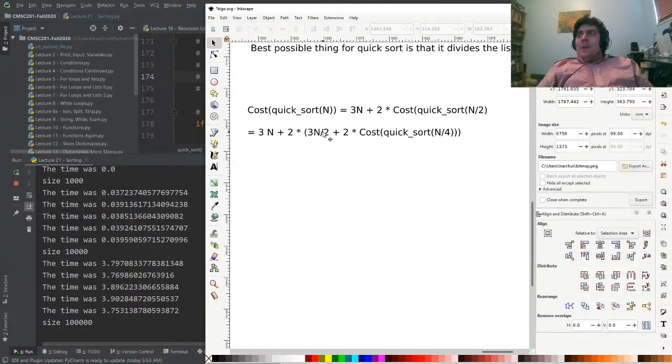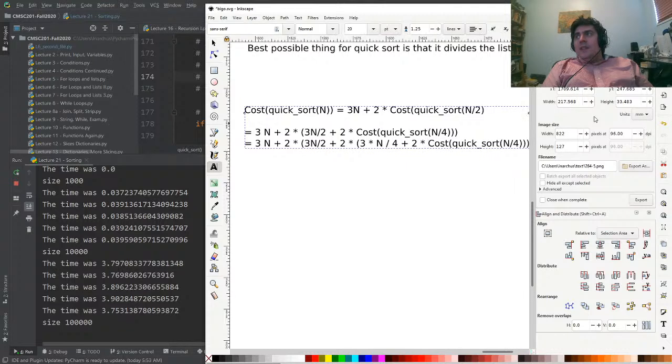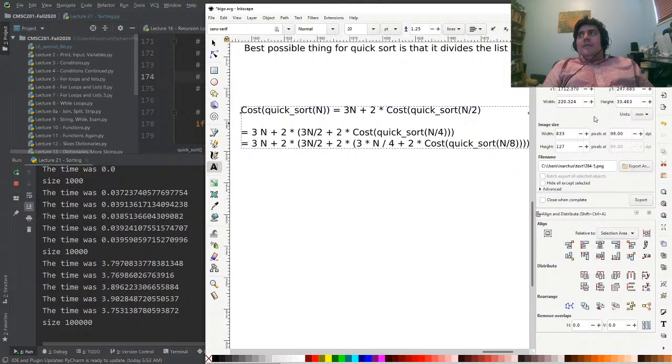What's going to end up happening is something like this, where every time you go through a quicksort, you're going to see that this is 3n plus 2 times this. But instead of cost of quicksort of n over 4, it's going to be 3 times cost of quicksort of n over 4, so 3n over 4 plus 2 times the cost of the quicksort on n over 8.